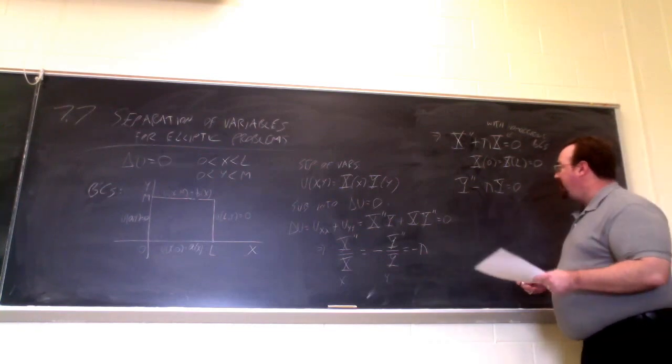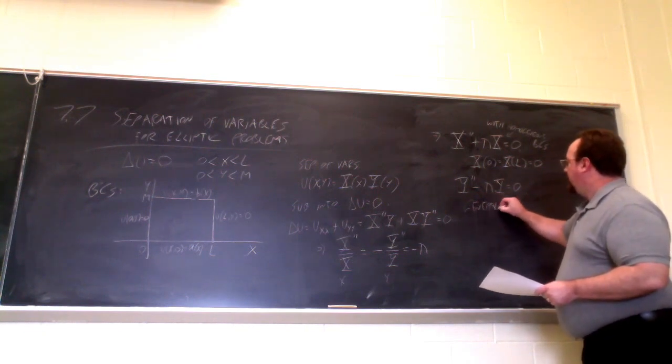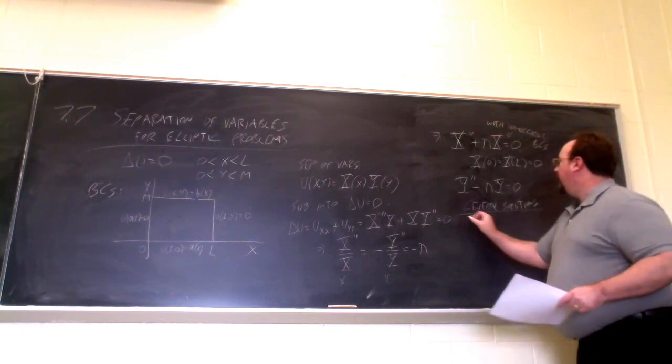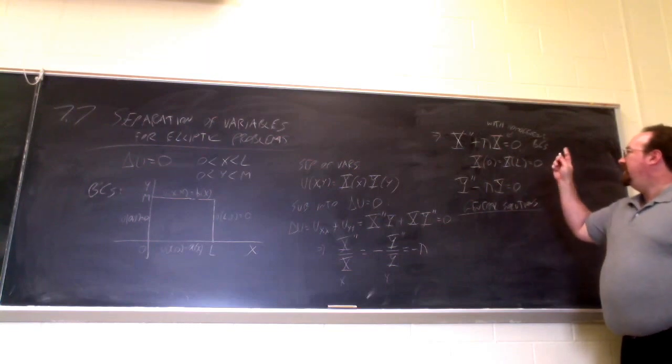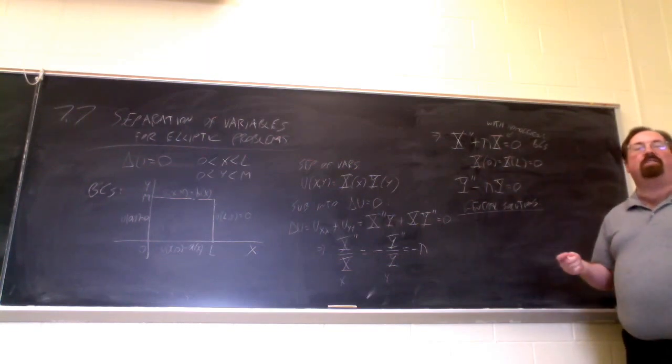So what are the general solutions? Okay, for this first one, we've done this a zillion times. When it's this kind of ODE and these Dirichlet boundary conditions, what kind of functions are your solutions? Sine.